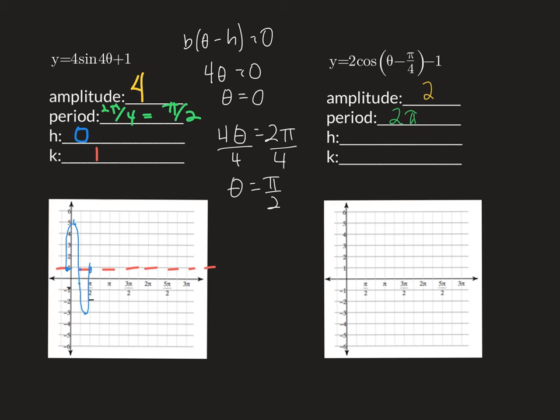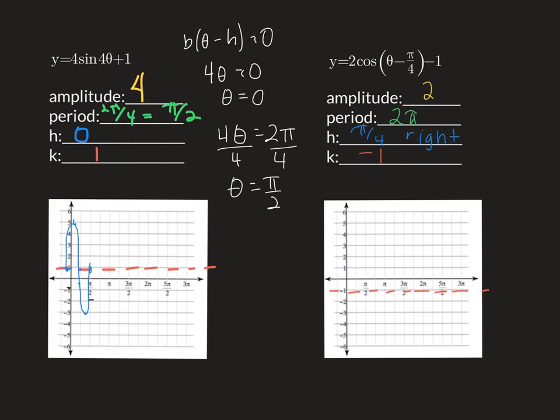But there is an h value that has shifted my graph to the right pi over 4. It's a positive pi over 4, which means I'm going to the right. And my k value is -1, so I'm going down 1. Okay, so I may start with the k value of down 1.